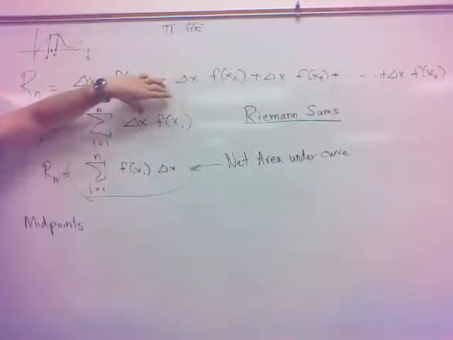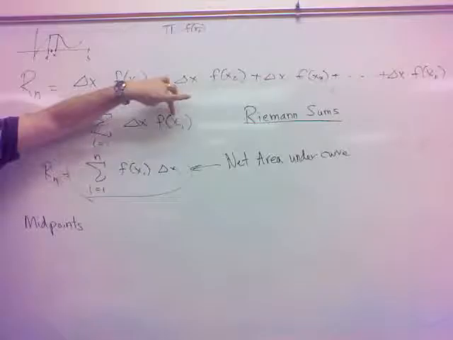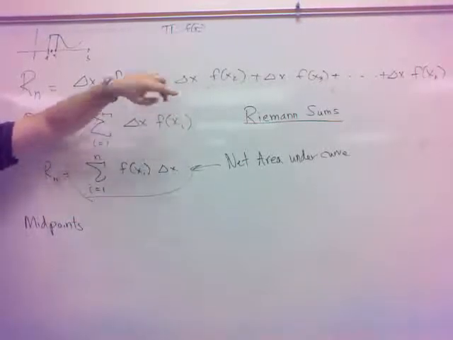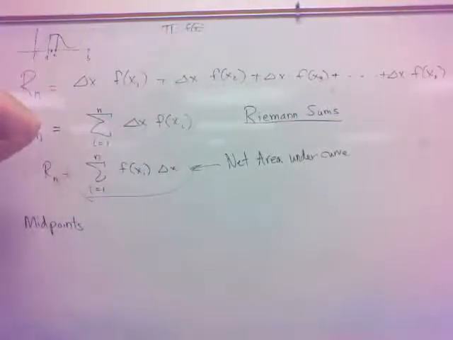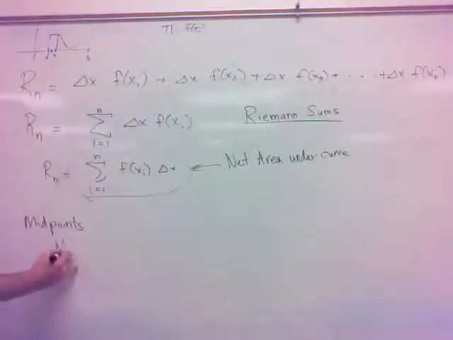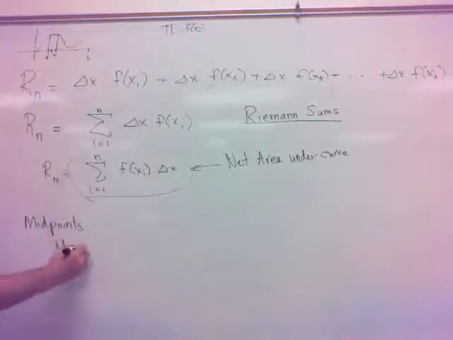No. Delta x is staying the same. What changes is this value. Usually for midpoints, they use a little bar over it. Like if you want the midpoint of something, you put a bar over it. That's one way we could do it. Call it M sub n, midpoint n, okay?